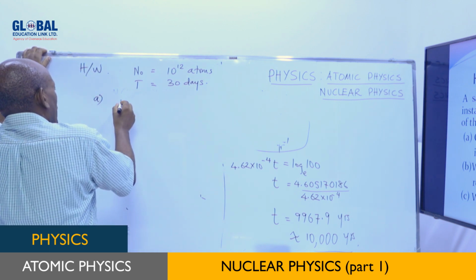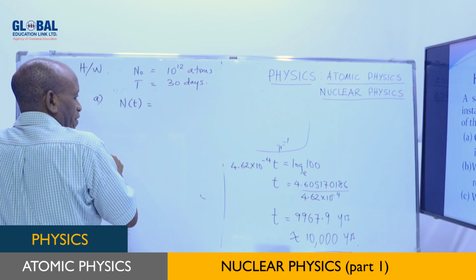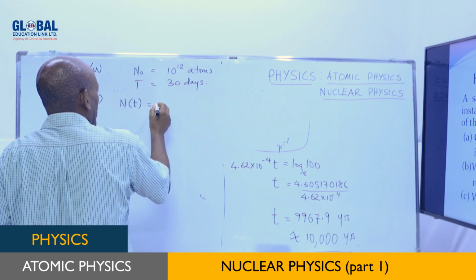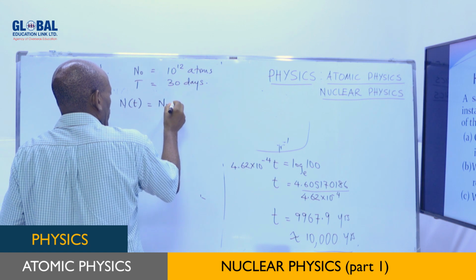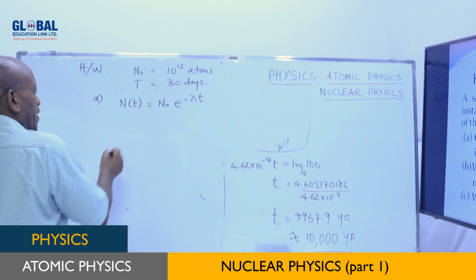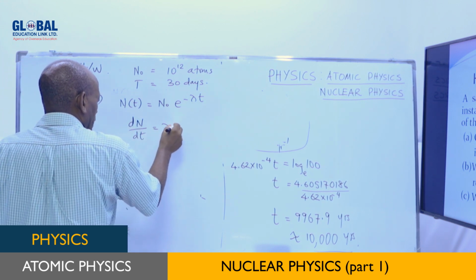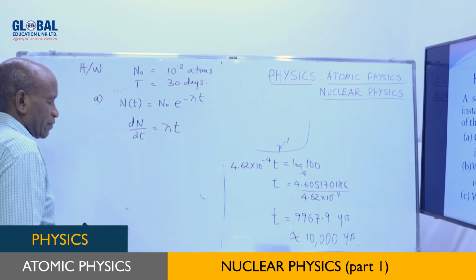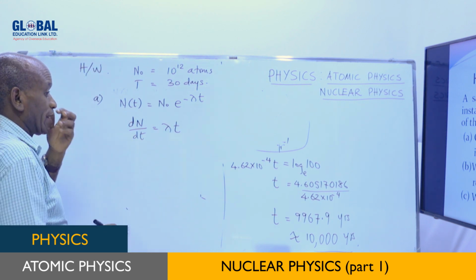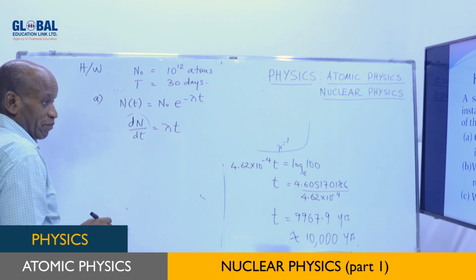So remember, we have our famous expression: N(t) is equal to N naught e power minus lambda t. And remember, dN/dt is just equal to minus lambda N. So the rate of the number of disintegrations is just equal to dN/dt.